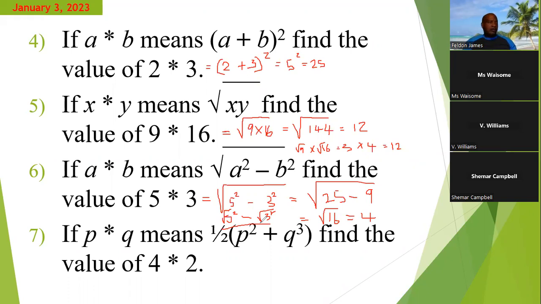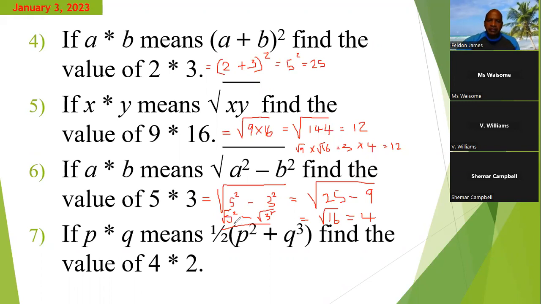Sir, I tried and the answer would be incorrect, because 5 squared is 25 minus 3 squared, which is 9. When I did the square root of 25, I got 5, and the square root of 9, I got 3, and then I subtract 3 from 5, which would be 2. So the answer would be incorrect.